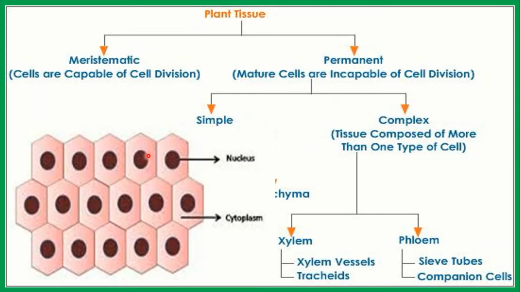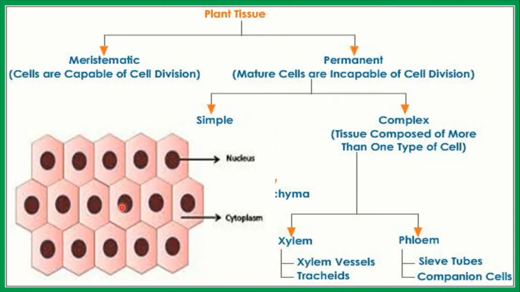Each cell contains a dense amount of cytoplasm and a large nucleus. Okay, and in between two cells there is no intercellular space. Cells are compactly arranged, and in each cell there is no vacuole.